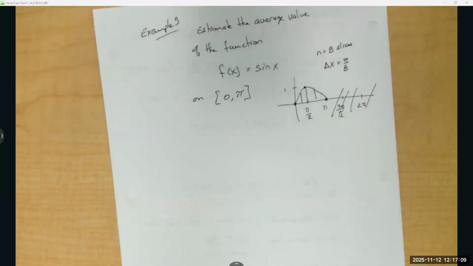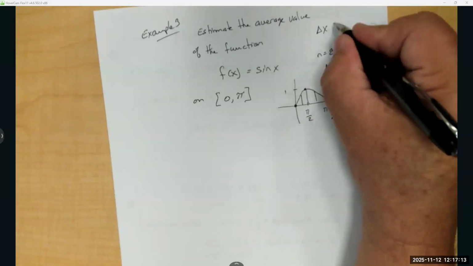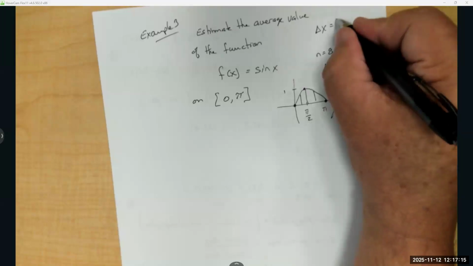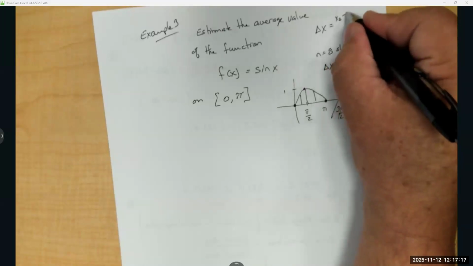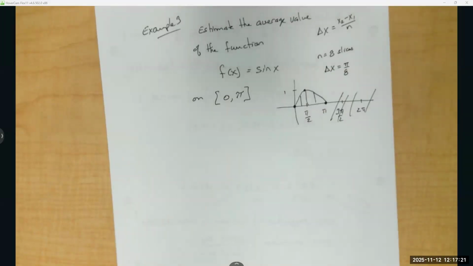Ooh, we never talked about how to calculate pi over 8, the delta x. Delta x is x2 minus x1 divided by n. How many slices do you want? How many intervals do you want, I should say?